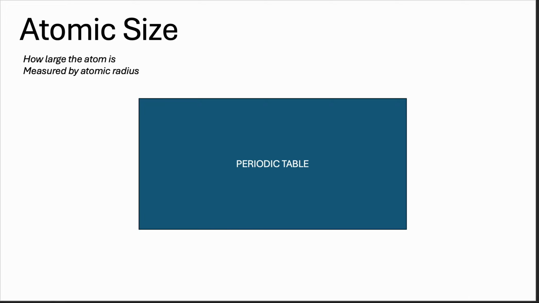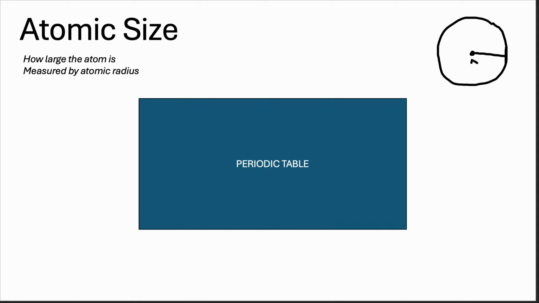And we have to remember that that size is measured by what we call atomic radius. So if I think about what atomic radius is, let's say that that circle is representing my atom. It would be the radius of that circle, which starts at the nucleus and ends at the valence electrons.